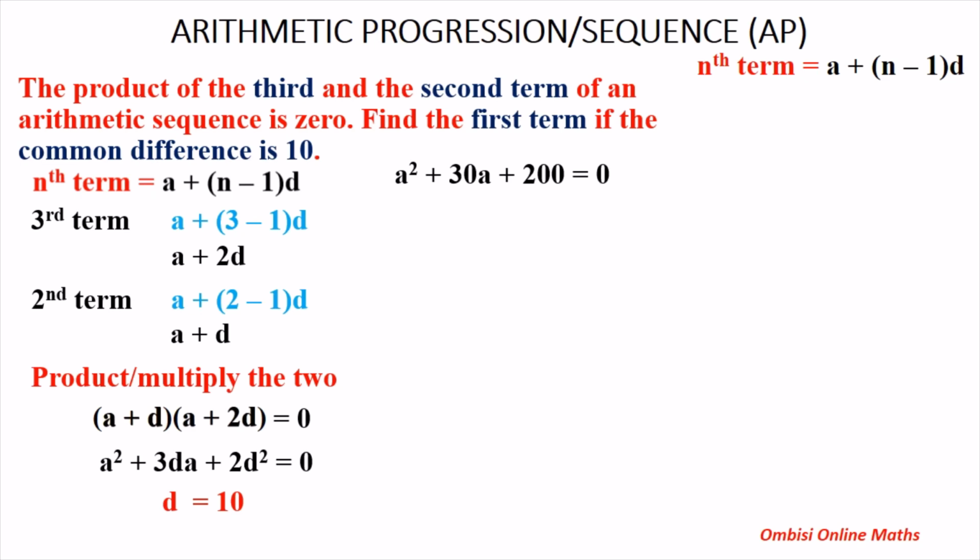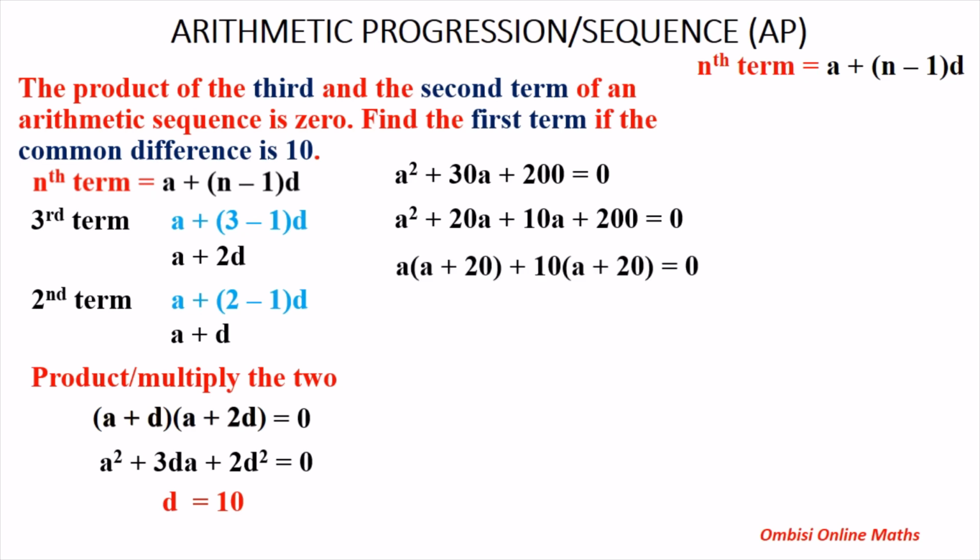So using the factorization method, it means that a squared plus 20a plus 10a. So 20a plus 10a is the same as 30a as presented above, plus 200 equals 0. So when you factorize, you find that a into brackets a plus 20, plus 10 into brackets a plus 20, equals 0.